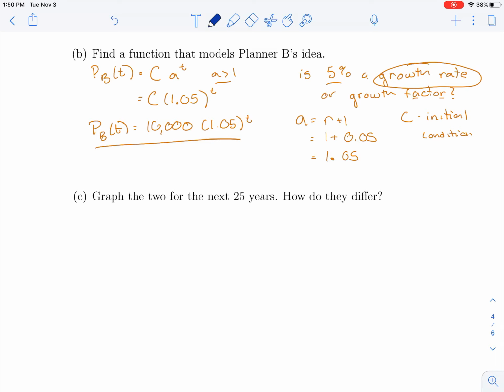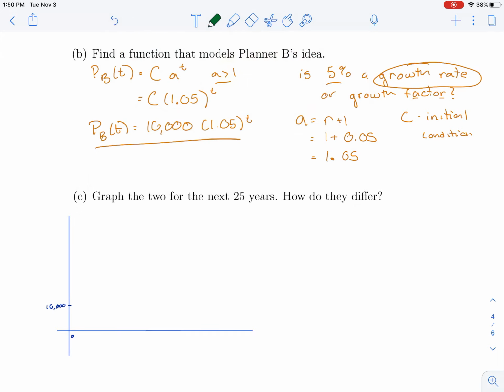And so we start at 10,000. I actually don't need all this space because we're only talking about time being greater than 0.